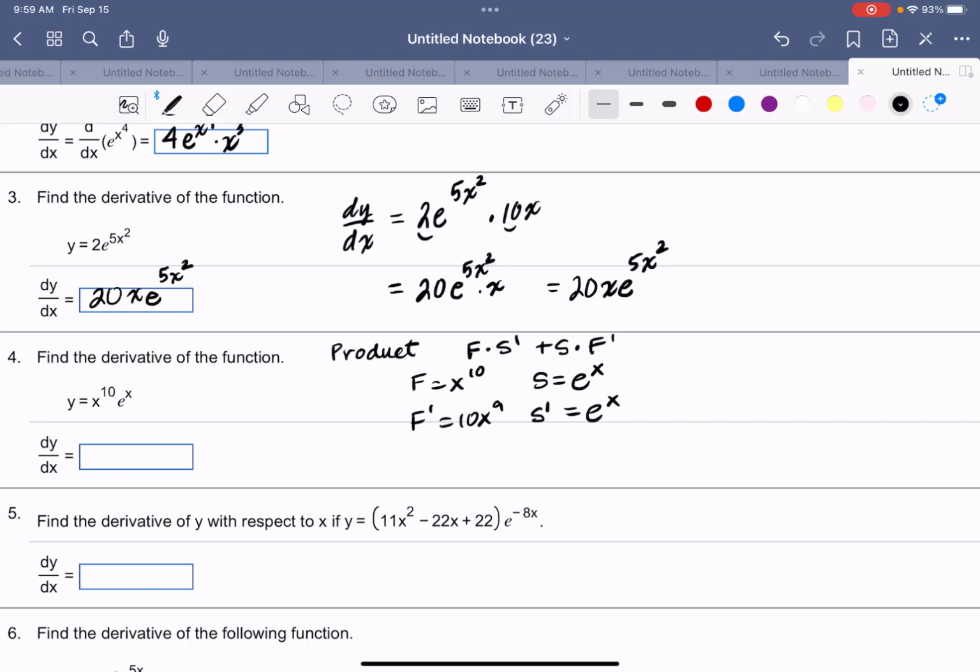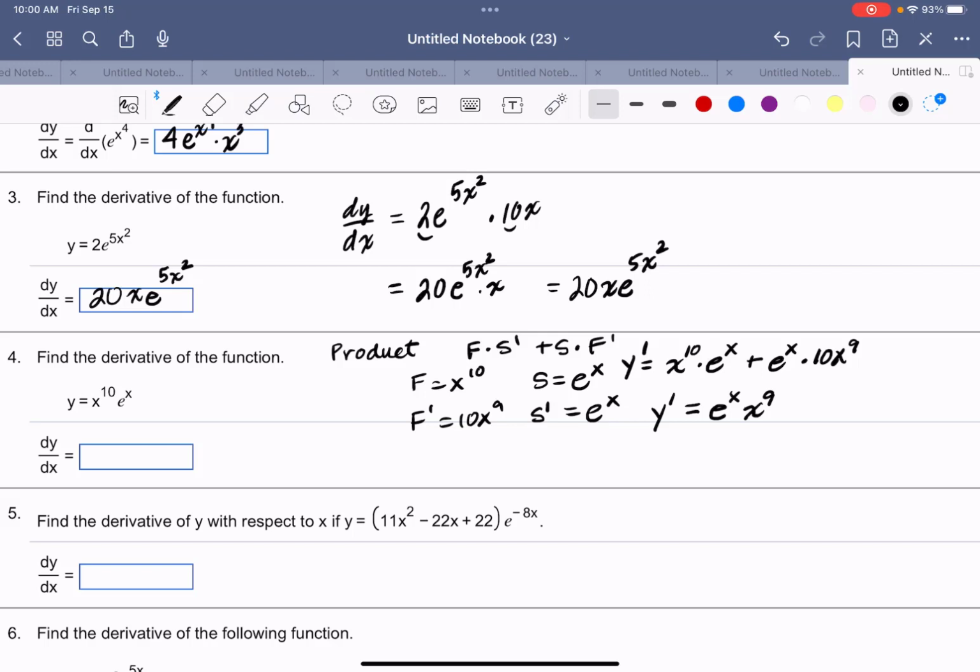So we're going to have our first, x to the 10th, times the derivative of the second, e to the x, plus the second, e to the x times the derivative of the first, 10x to the ninth. So this is our y prime. Now I'm going to clean up my y prime by factoring out common factors. They both have an e to the x. They both have an x to the ninth.